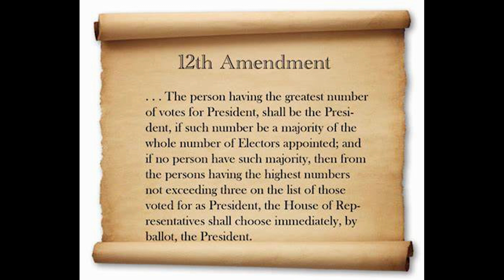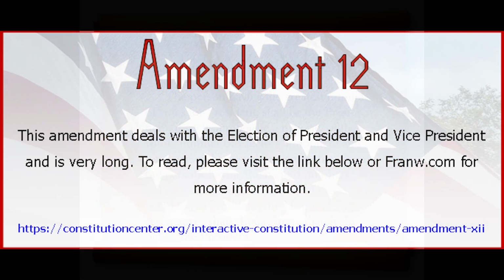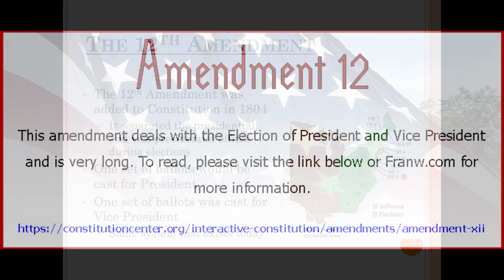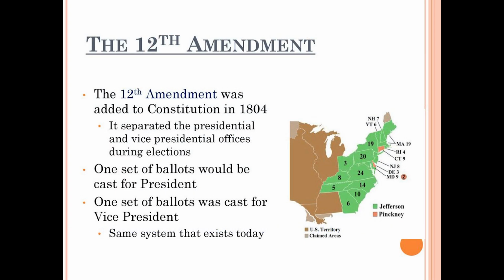Since no candidate won an outright majority, the election was sent to the House of Representatives, as required by the Constitution. After 36 rounds of voting, Jefferson was finally elected president, but the confusion and political maneuvering revealed the weaknesses in the electoral process. In response, Congress quickly drafted the 12th Amendment to prevent future electoral deadlocks and partisan conflicts.